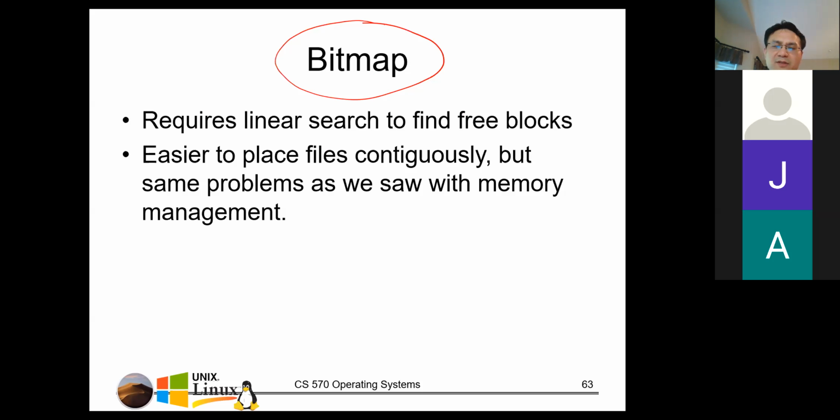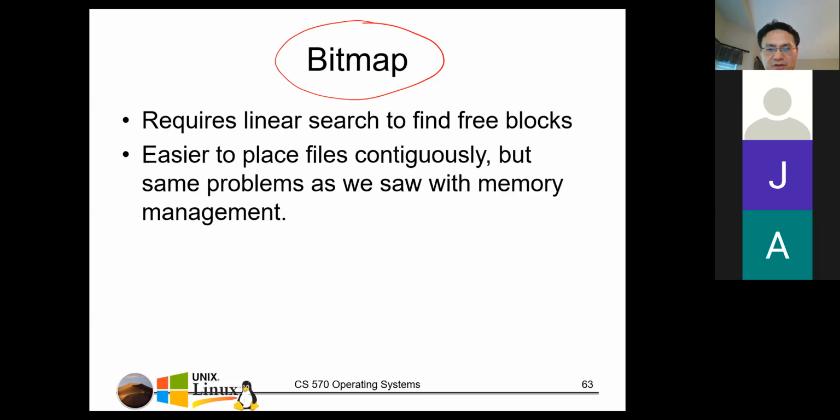But the main problem with bitmap is when you decide to allocate, say, K blocks contiguously. If you want to allocate a string of blocks contiguously, the file system must search the bitmap to find a sequence of K consecutive 0 bits or 1 bits in the map.